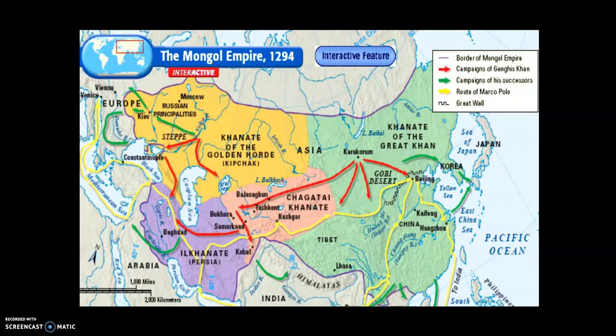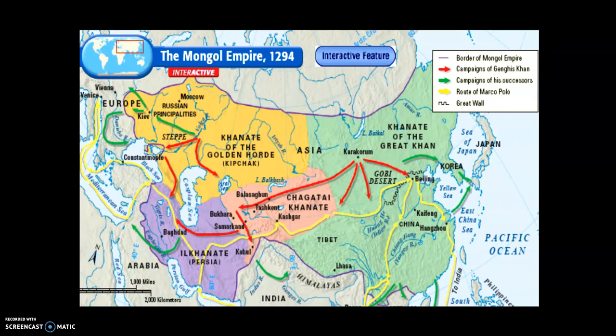As we look at this map, you can see that the empire grew so large, it was actually divided up into sections. So the red lines here show you the campaigns of Genghis Khan, all the places where he went to war, and then the green lines represent the campaigns of his successors.